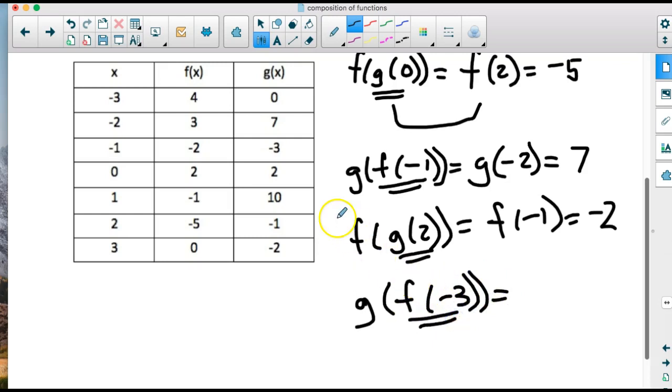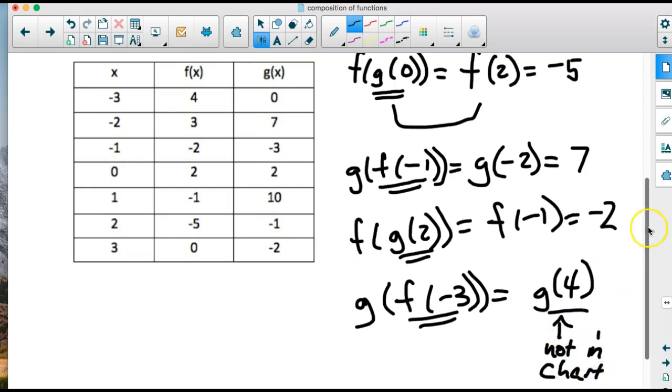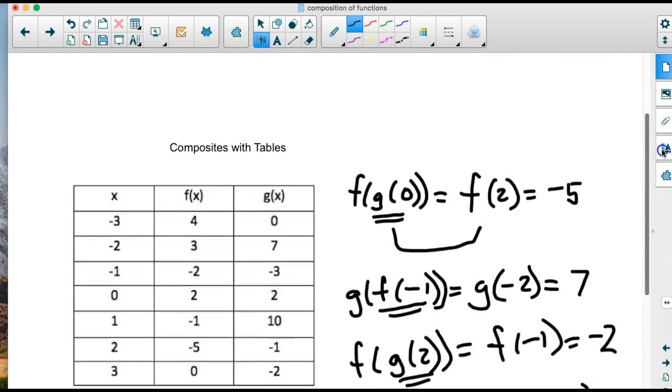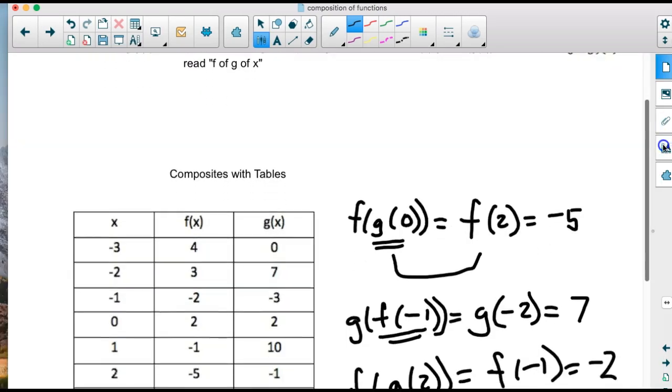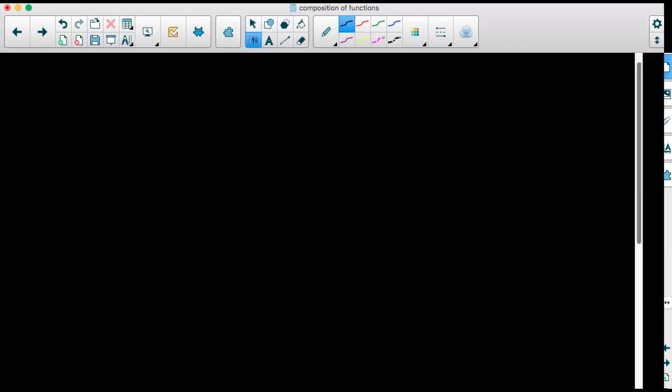So if we evaluate f of -3, we get g of 4. Well, we don't have a 4 here listed in this chart, so this is not in the chart. And so that means it's not defined. So we can't evaluate that. We've only gone halfway there and we can't evaluate it. So that's how we do composites with tables.